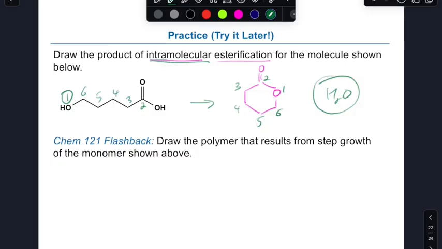If we were going to do an intramolecular reaction, this is where we're reacting all the pieces together to make this cyclic molecule. If you remember, polymerization is an intermolecular reaction where we're reacting between these different fragments.